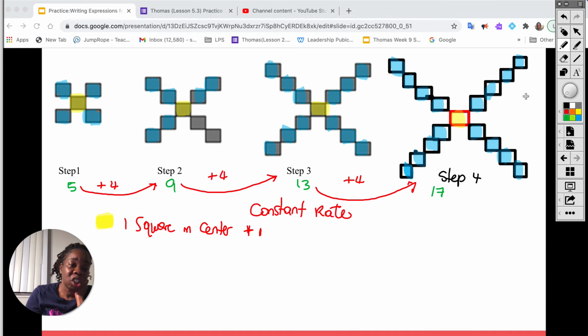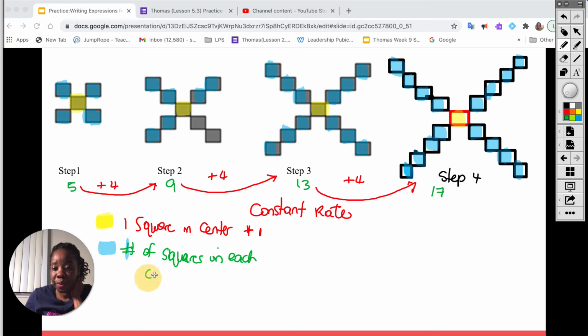And then what's changing is the number of squares on each corner.